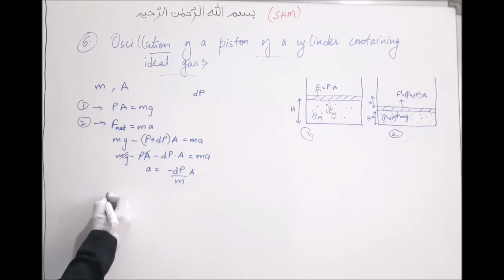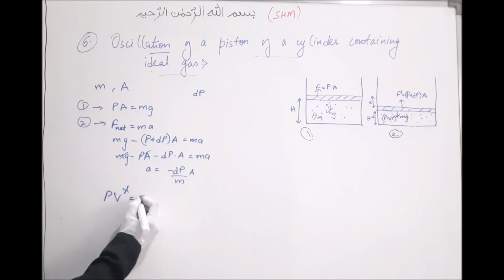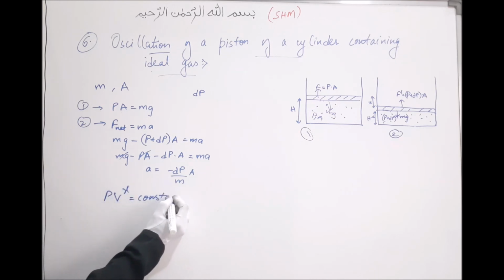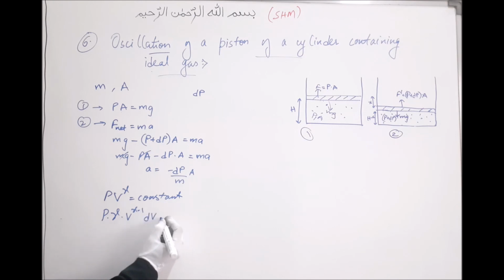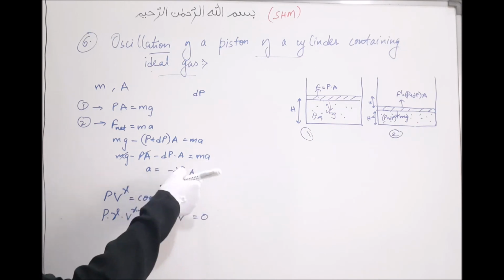And for an adiabatic process we have PV raised to gamma is equal to constant. If we differentiate this, we can write it as P gamma V raised to gamma minus 1 dV plus dP V raised to gamma is equal to 0. From here we can find dP and then substitute dP here.